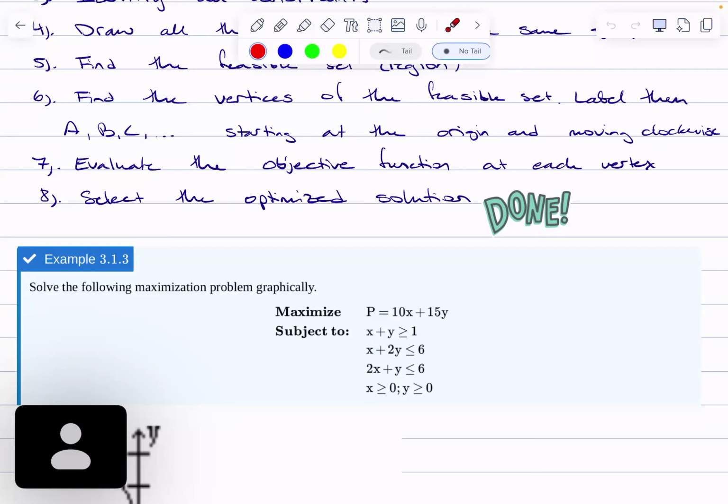All the points in the feasible set will work. They will satisfy all the constraints, but only one of them is going to give you a maximized value or a minimized value. Then you select the optimized solution, whether that's maximized or minimized, and then you're done.